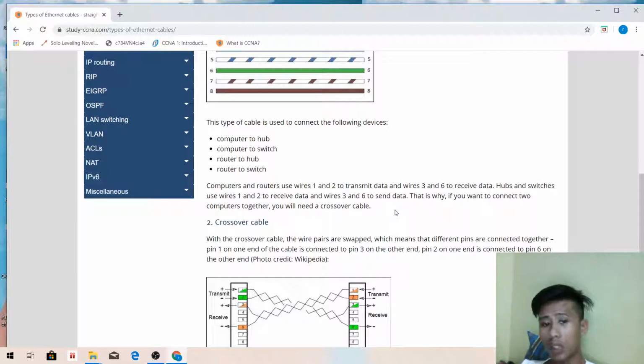Computers and routers use wires 1 and 2 to transmit data, and wires 3 and 6 to receive data. Hubs and switches use wires 1 and 2 to receive data, and wires 3 and 6 to send data. That's why, if you want to connect two computers together, you will need a crossover cable.